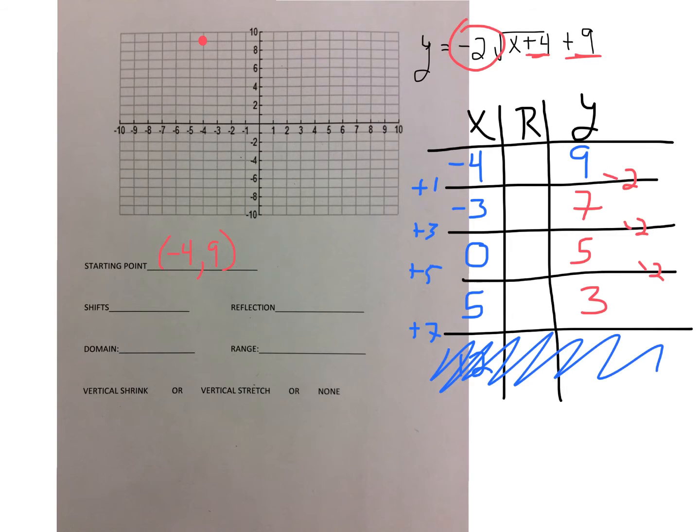Let's plot this up. We're going to pick an okay size dot for this. Let's plot -3, 7: back 3, up 7. So right about here. Then we're going to do 0, 5.